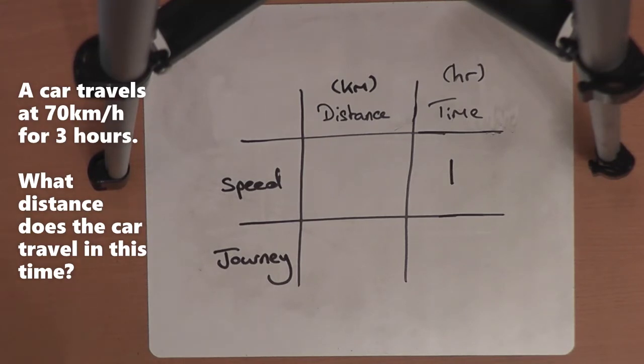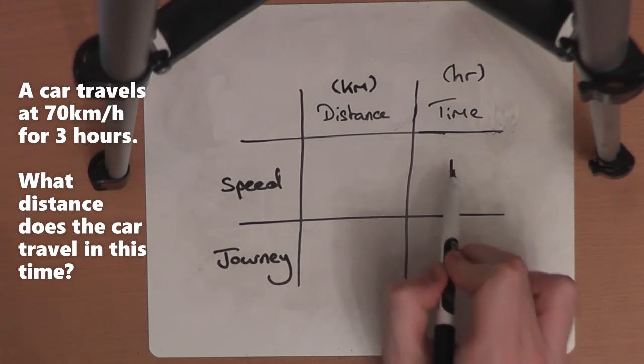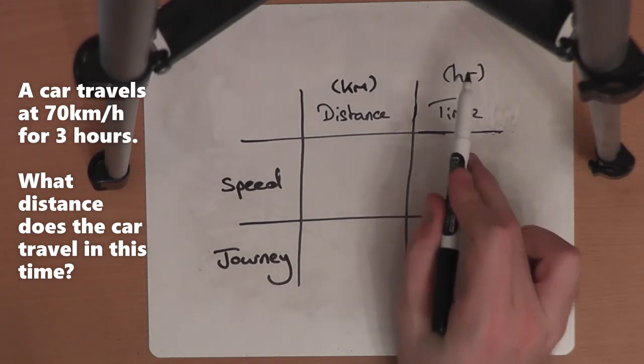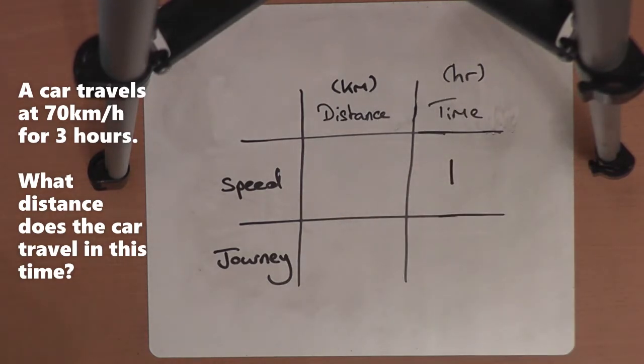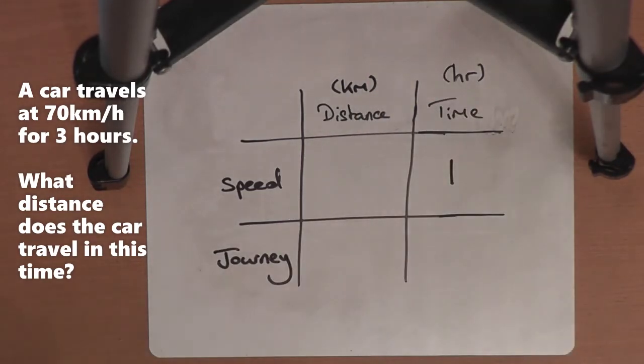It will always contain a number 1 because of the definition of what speed is. That speed is the distance travelled in 1 unit of time, 1 hour, 1 second, whatever we happen to be looking at. So this is our basic table. Speed, journey, distance, time with the units on there. The units might change and this will always be a 1.